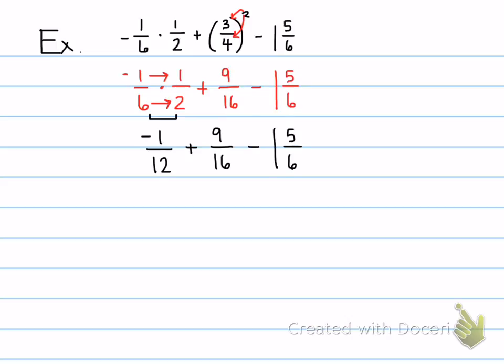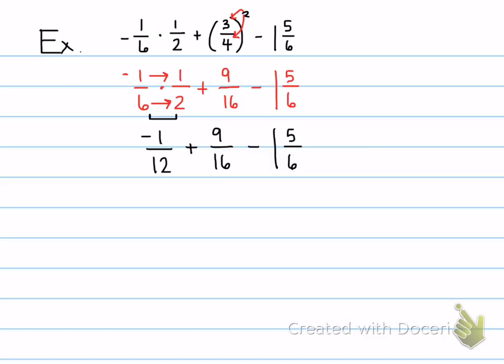I have no multiplication and division left, so I'm going to go addition and subtraction from left to right. Now, honestly, because now we know integers, we could change the subtraction to an addition problem. I could change it to addition and take the opposite, and then I'm dealing with an entire addition problem, and you can add in any order that you want. But because we're following the order, let's go left to right.